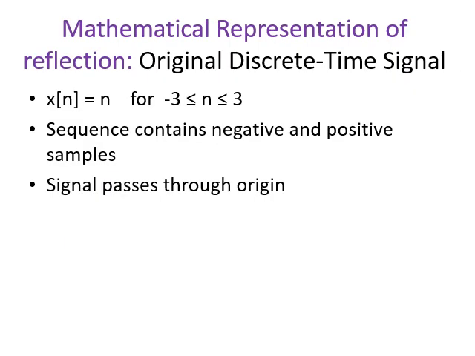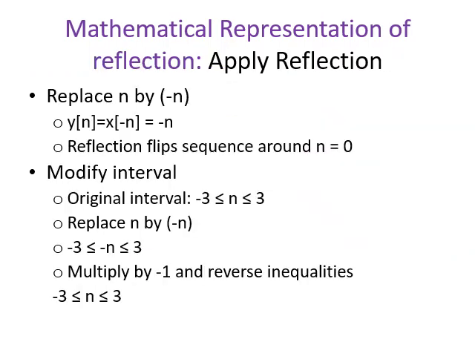So let's look at its mathematical representation. The original signal I showed you on the previous slide was x of n equals n, with a valid interval of n equals -3 up to 3. The sequence contains negative as well as positive sample values, and the signal passes through the origin. Let's apply the reflection technique.